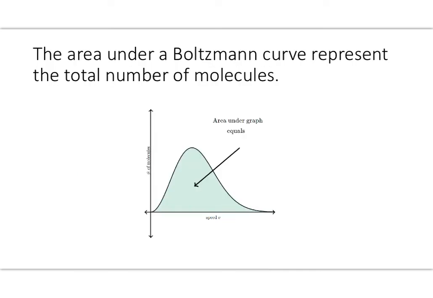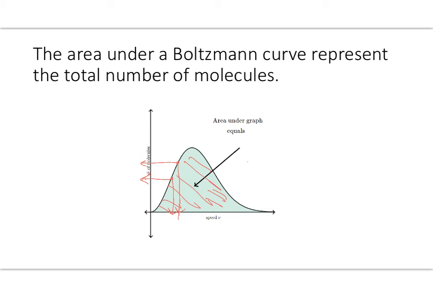All right, so any point on the curve can tell you how many molecules have that particular velocity, right? The area under the entire curve, okay, represents the total number of molecules. Why do we care?